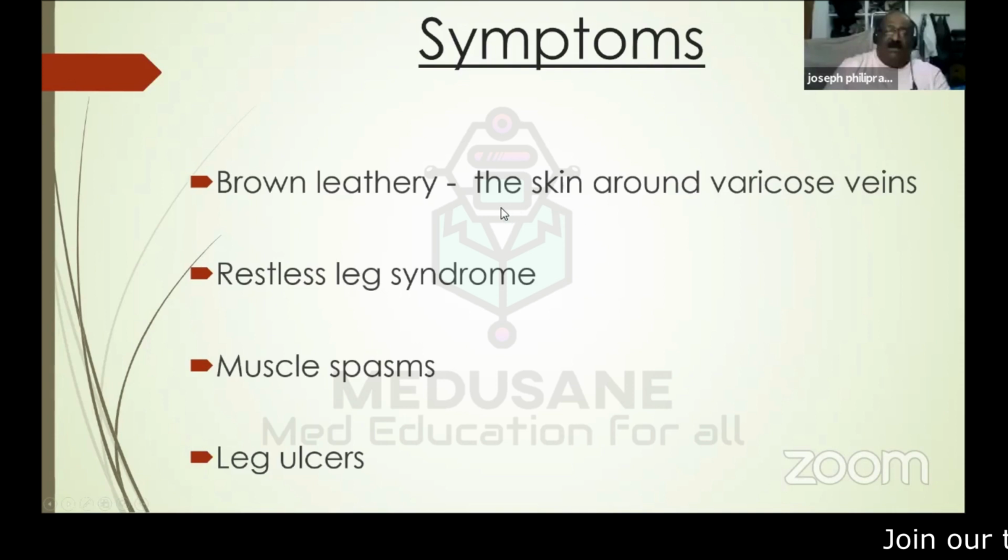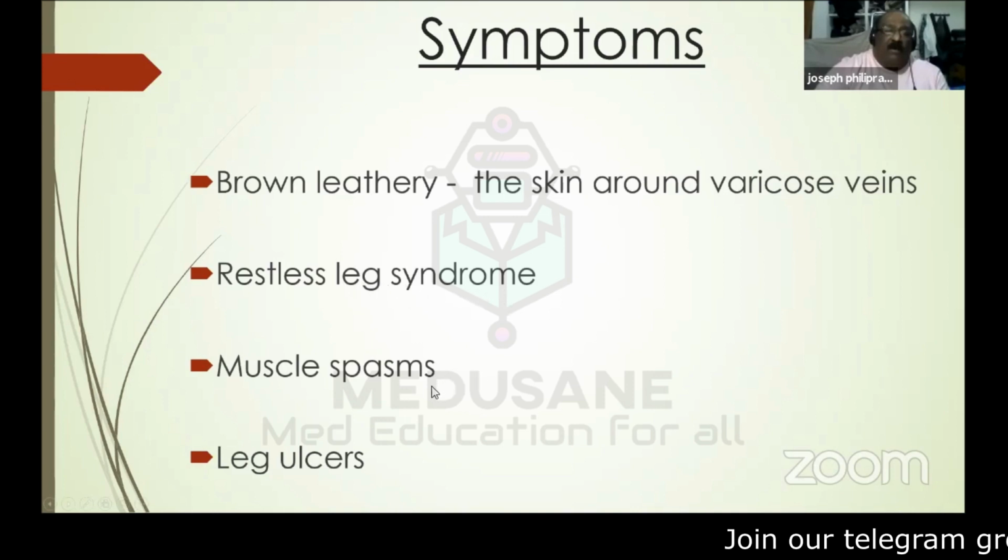And this is the typical manifestation of long-standing chronic venous insufficiency or varicose veins. Then, even lying down, they can have some pain. This is known as restless leg syndrome. And usually this is seen in arterial deficiency. But even in varicose veins, they can manifest with this restless leg syndrome.